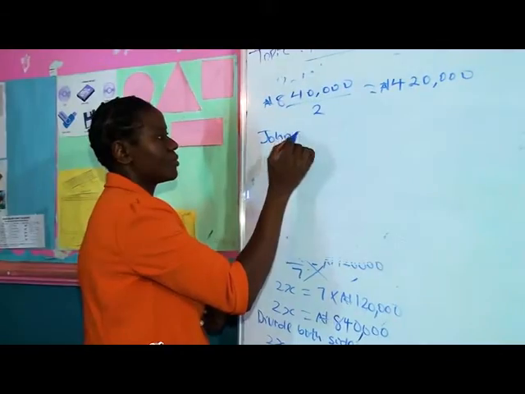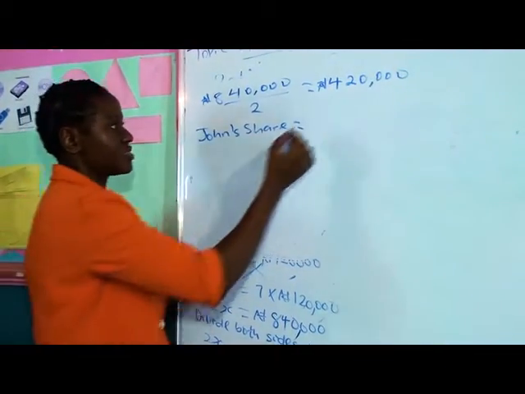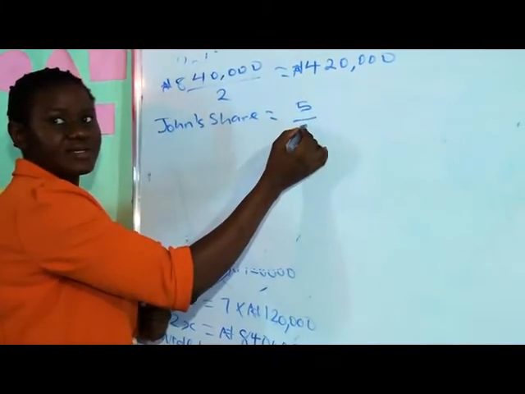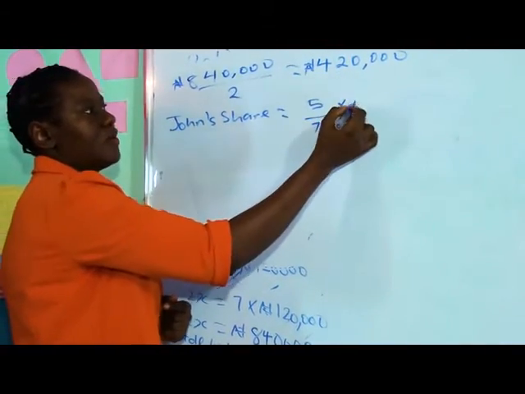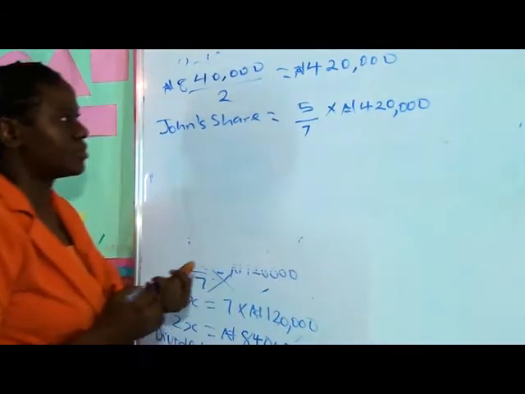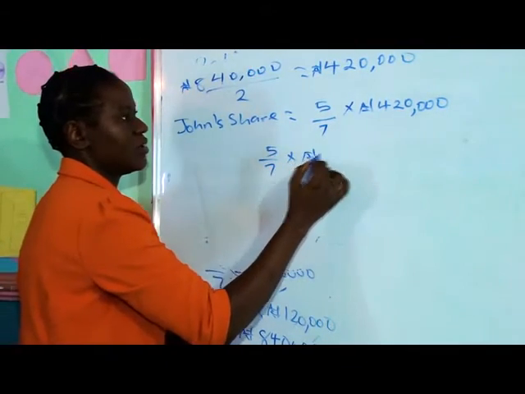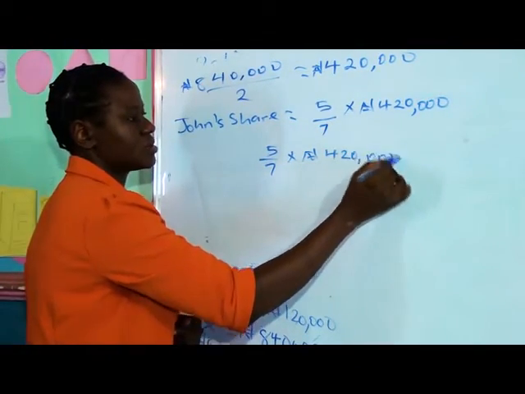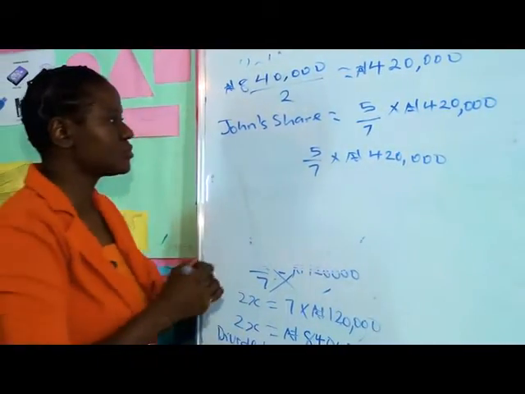John's share would be, his ratio was 5 over 7 times the shared amount, 420,000 naira. So we divide this.